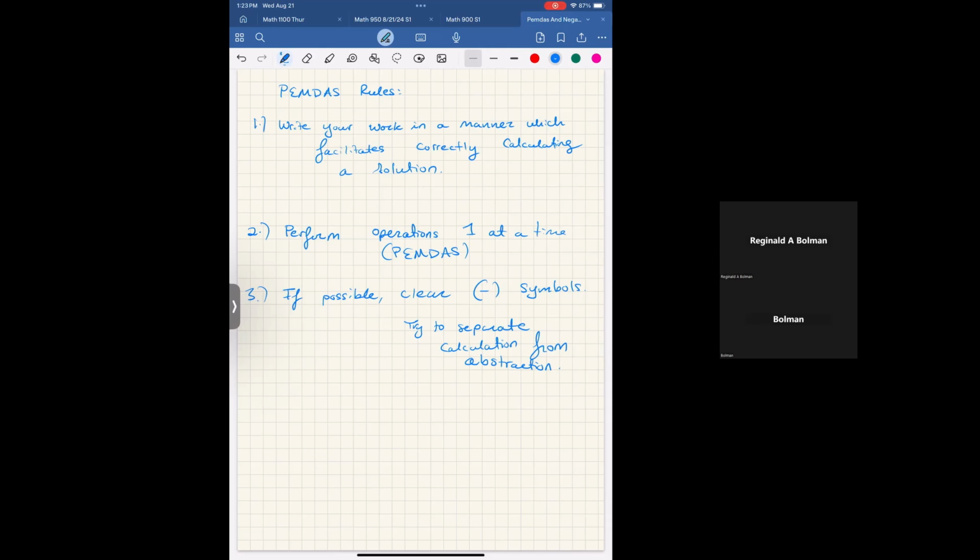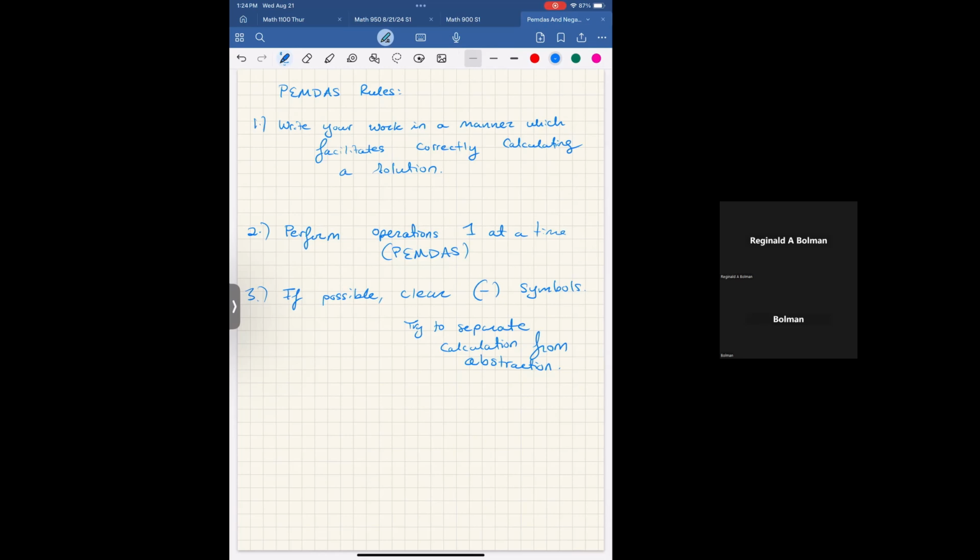If you, as many students do, approach these problems in a manner where you're doing 10 operations in your head and then 1 operation on paper, there's no way to tell whether or not the answer you're obtaining is going to be correct. And so you really want to perform one single operation at a time, and make sure that you're recording that single operation at a time.